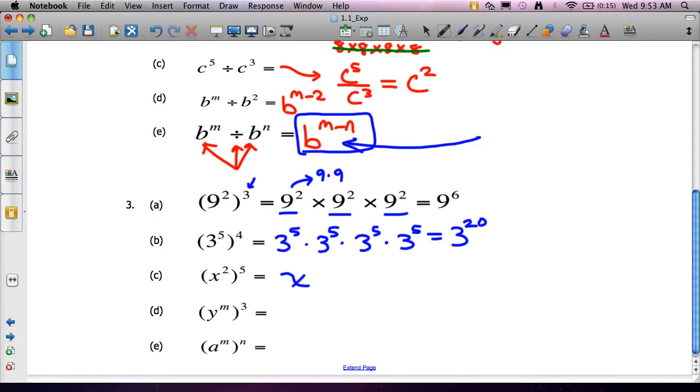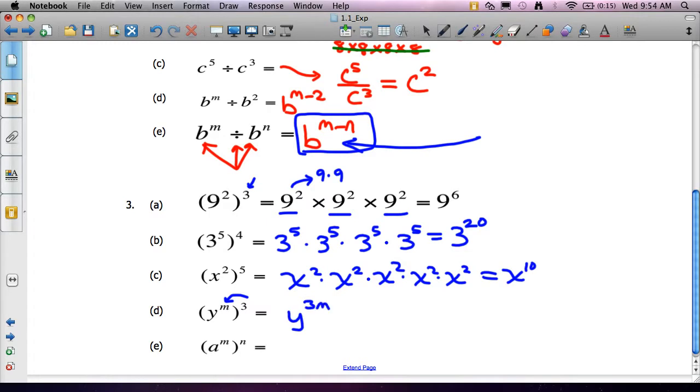And then what hopefully we're seeing here is a pattern that we can apply to generalize some sort of rule when we have a base raised to an index raised to another index, which really means we are doing something to those indices.